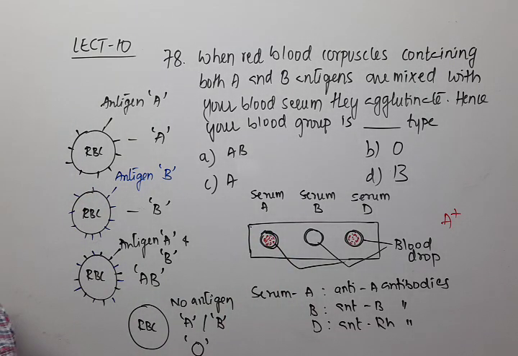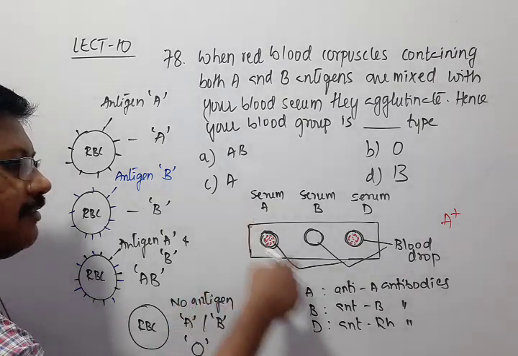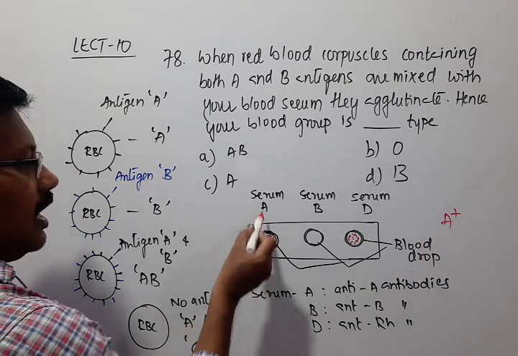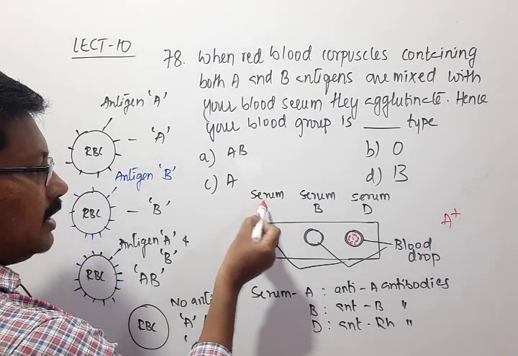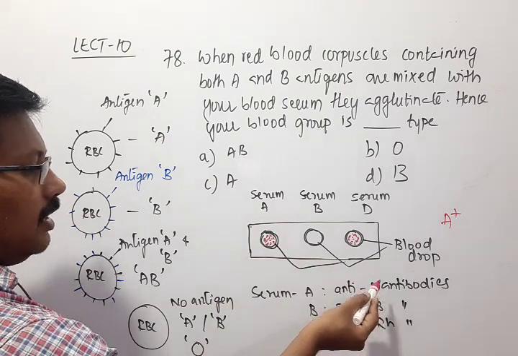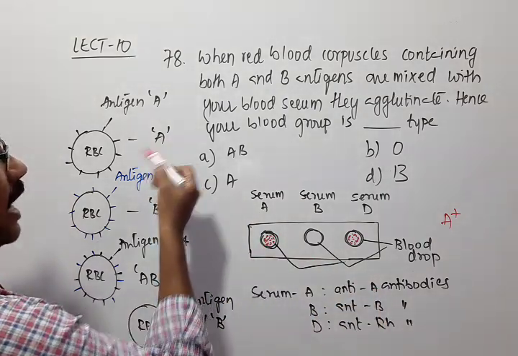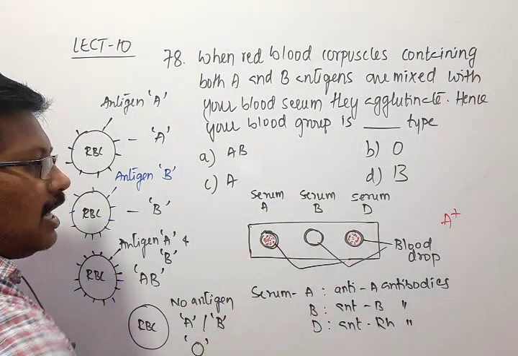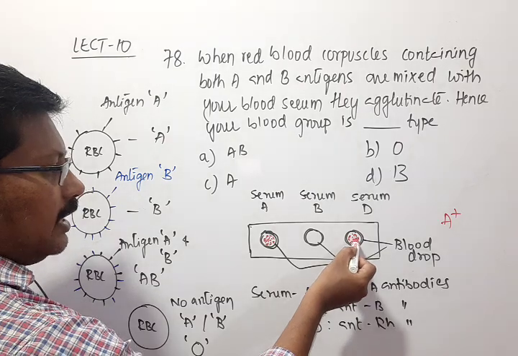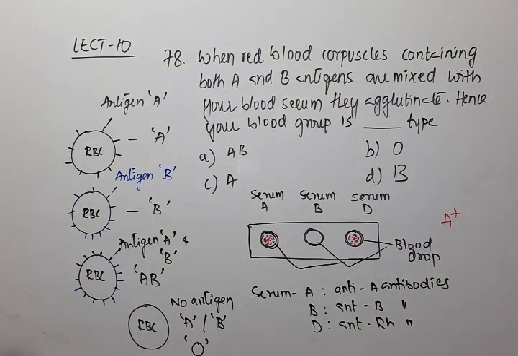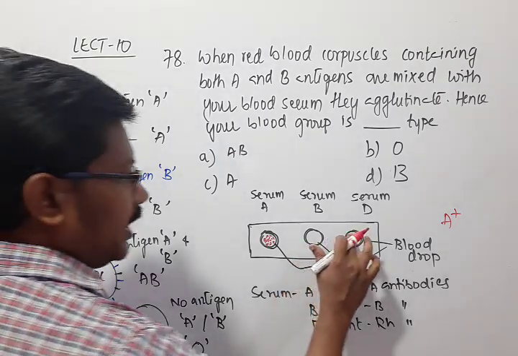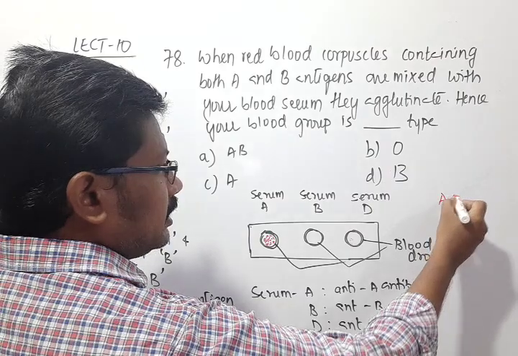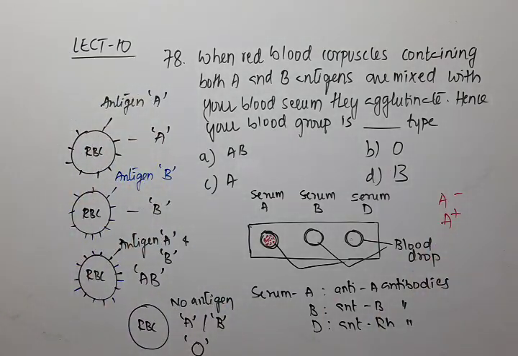When the antigen is present and the serum already has the antibodies for that antigen. Here, as serum A contains anti-A antibodies that fight with antigen A, agglutination takes place. This confirms that the person has A blood group, and if D also agglutinates, then it is positive. And if you don't see any agglutination in D, then it will be a negative blood group.